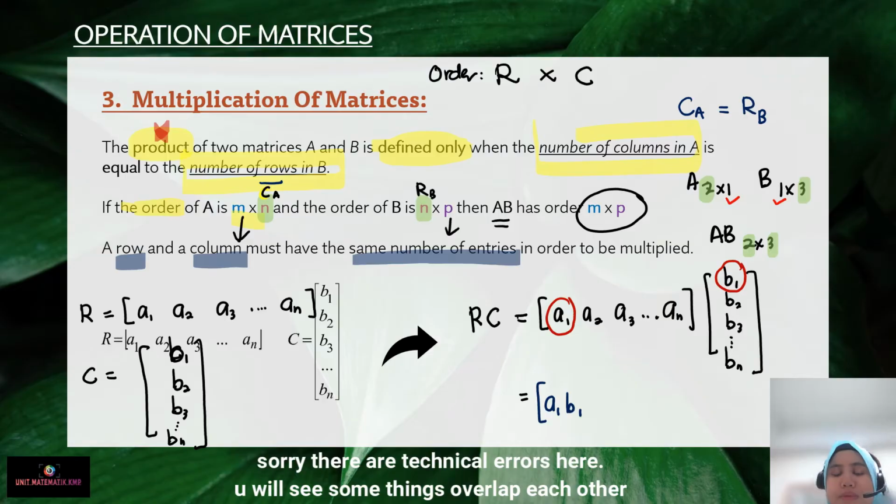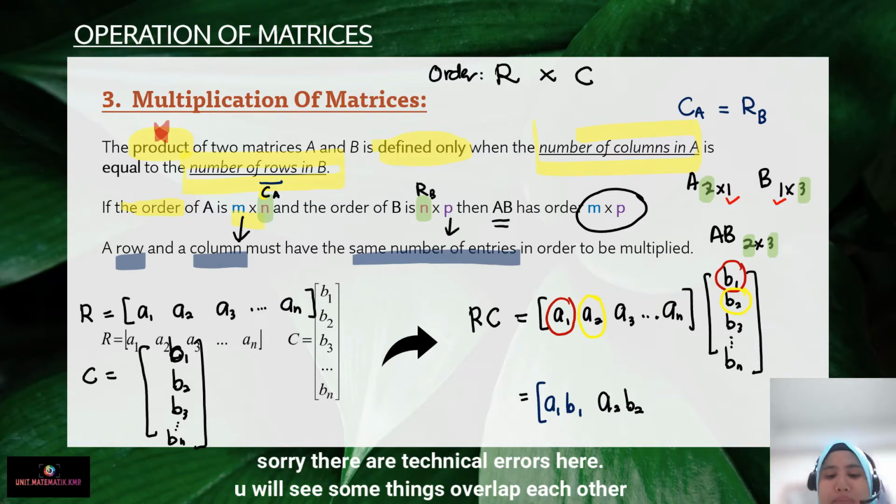Next, you take the second on the row and the second on the column, like partners, but you do it individually.